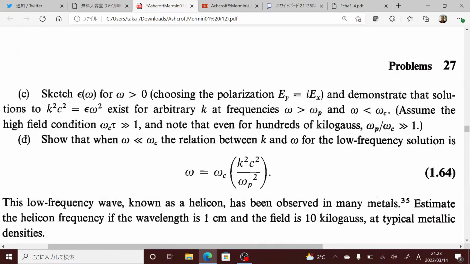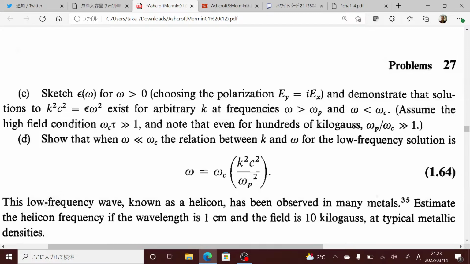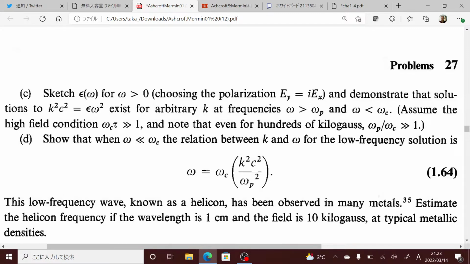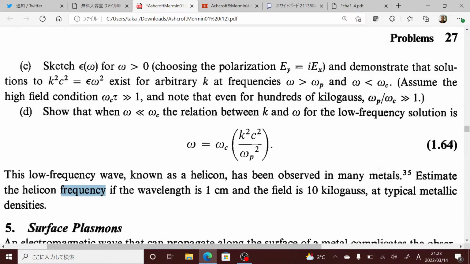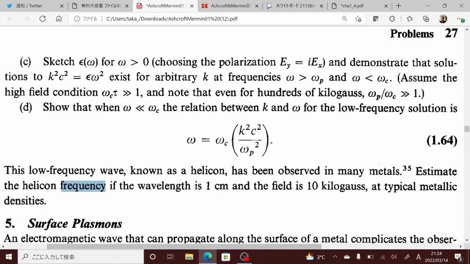Sketch epsilon omega for omega larger than 0, choosing the polarization EY equal IEX, and demonstrate that solutions to k squared c squared equal epsilon omega squared exist for arbitrary k at frequencies omega larger than omega p and omega smaller than omega c.